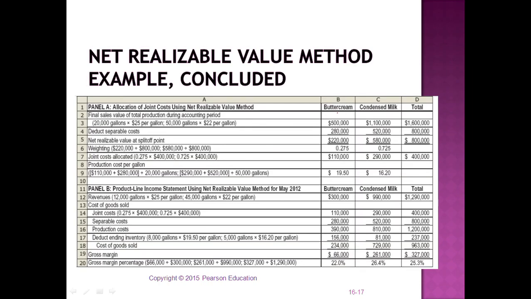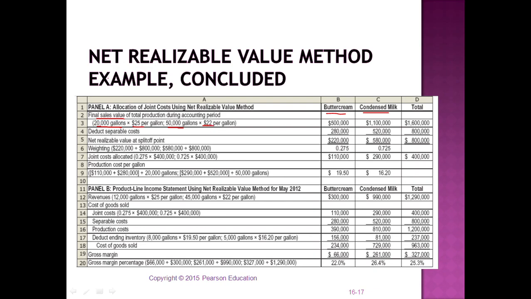Under the NRV method, we are interested in our final output, that is buttercream and condensed milk. So the first thing we need to do is calculate the NRV. Remember, the formula says NRV is equal to final sales value minus the separable cost. So first let's take the final sales value. We know that we have 20,000 gallons of buttercream produced, and we could sell it for $25 per gallon, and 50,000 gallons of condensed milk was produced, which could be sold for $22 per gallon.